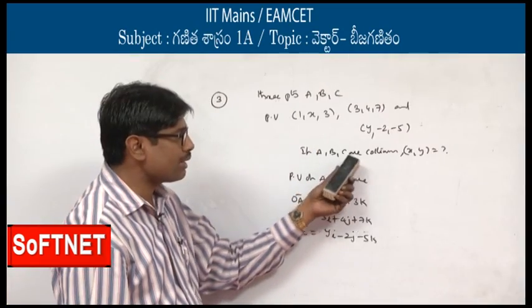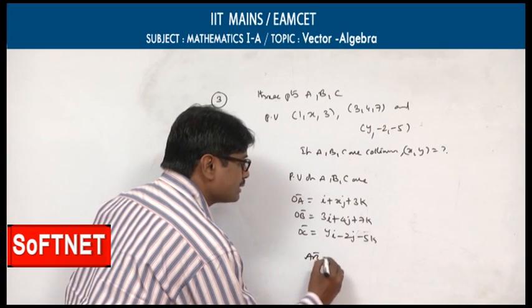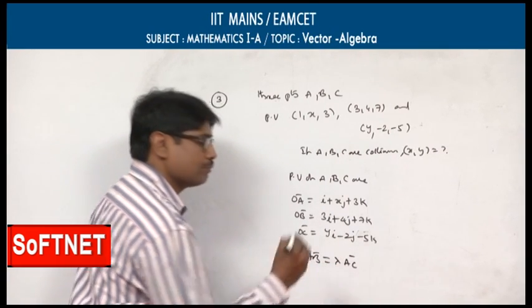If A, B, C are collinear, AB bar will be equal to lambda times AC bar.